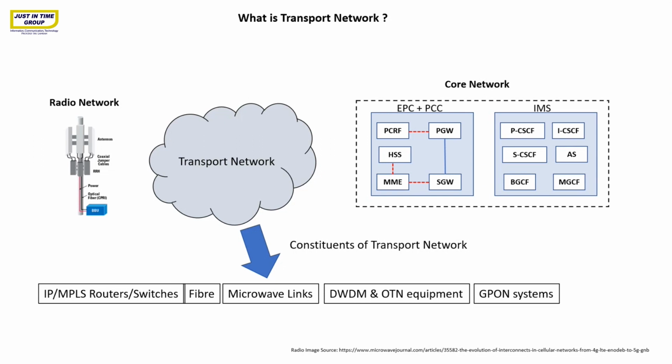But the most important thing that you have to understand when it comes to transport network is that the radio access network and the core network are governed by standards specified by 3GPP, the Third Generation Partnership Project. It's a consortium. Transport network evolution is not governed by those standards in 3GPP.